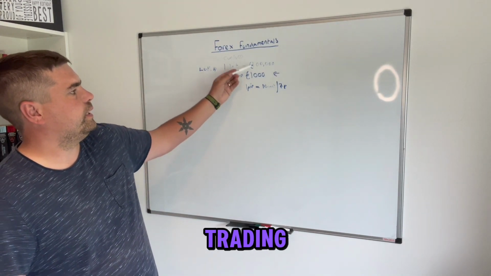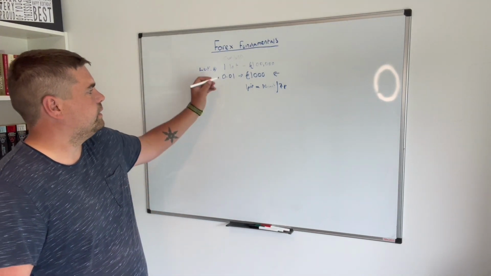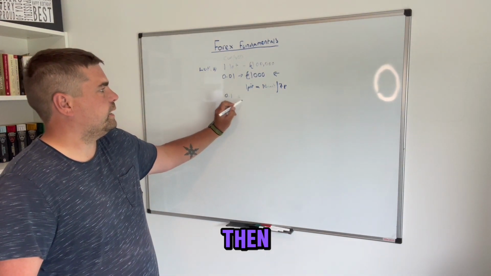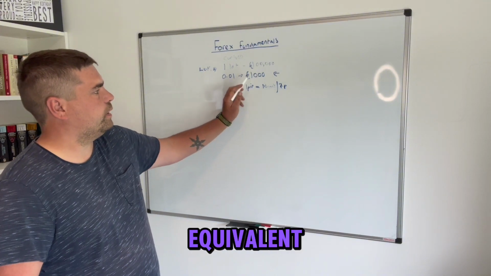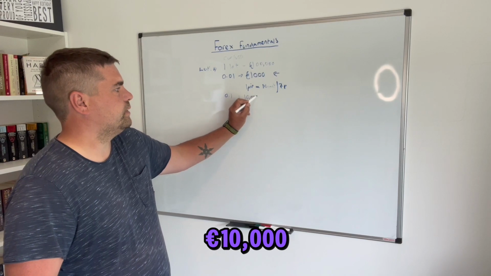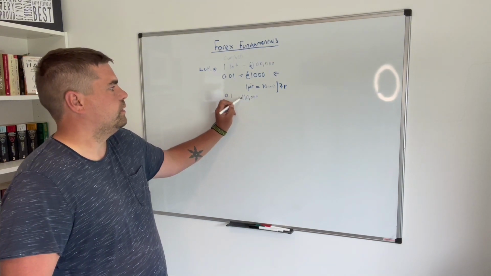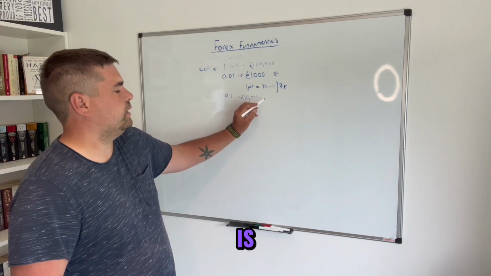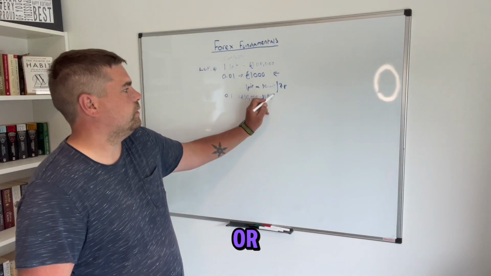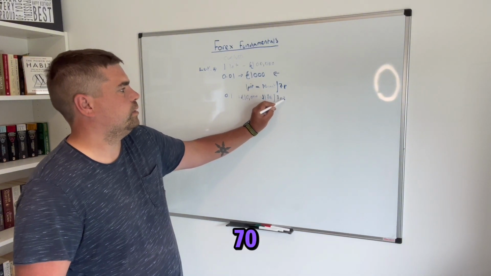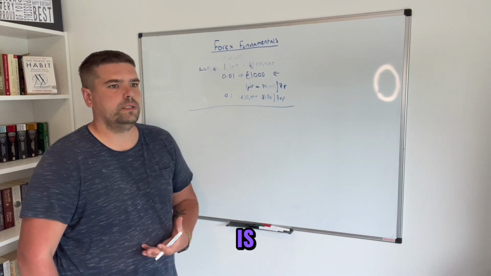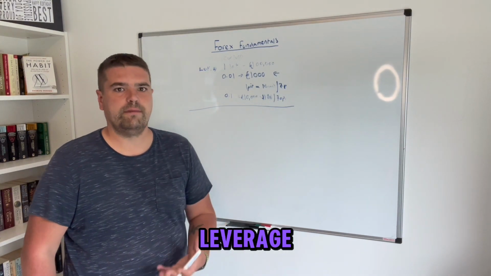Likewise, if you're trading on a 0.1 lot, that means the equivalent amount you're buying or selling is actually 10,000 euros, which converted means you'll be earning $1 per pip, or 70p, and so on and so forth. We work through.